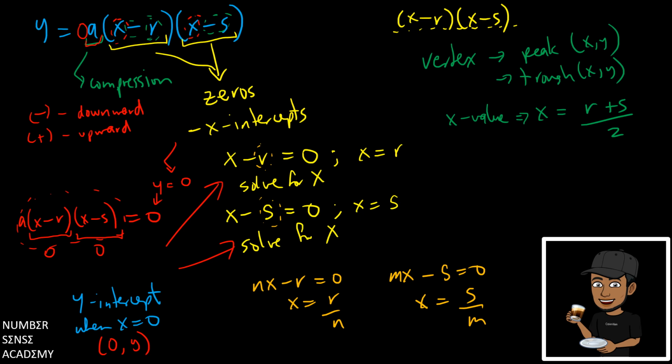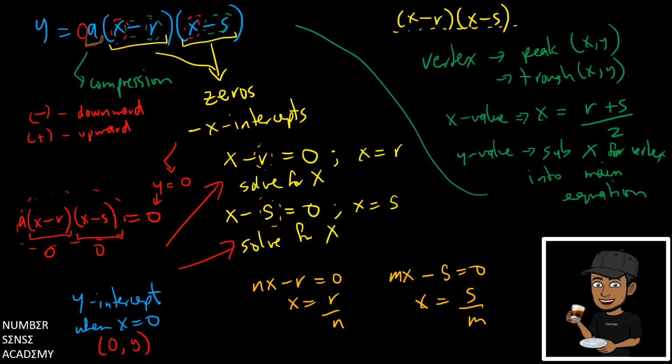To find the y value of the vertex, let me keep that green so we know what we're talking about. To find the y value of the vertex, we have to sub the x value of the vertex into the main equation.